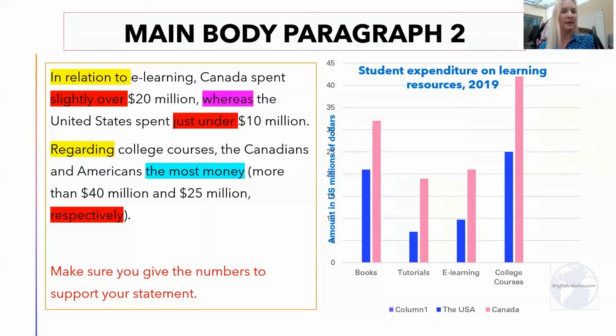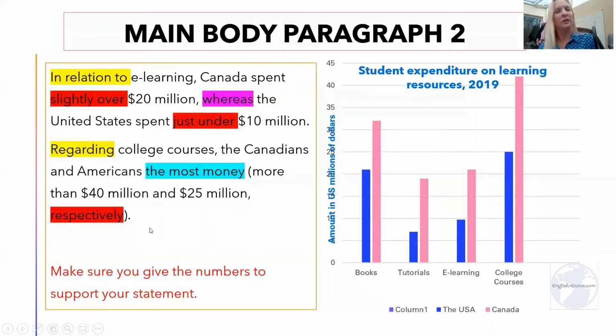But in this case, we say that the Canadians and Americans spent the most money. And then I give the figures, $40 million and $25 million respectively. Now, respectively means in order. So the Canadians spent $40 million and the Americans spent $25 million.